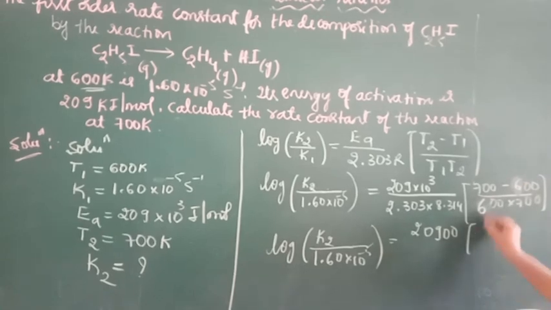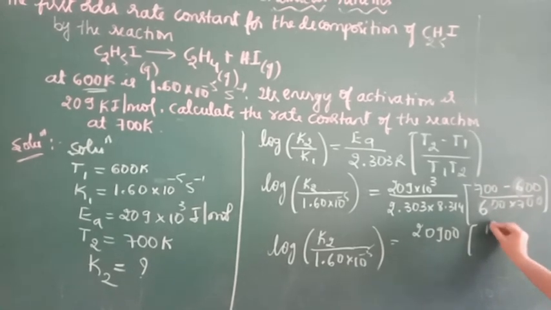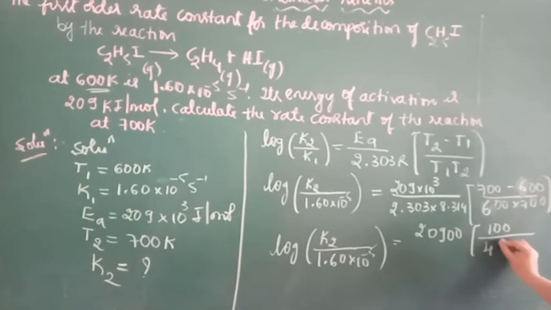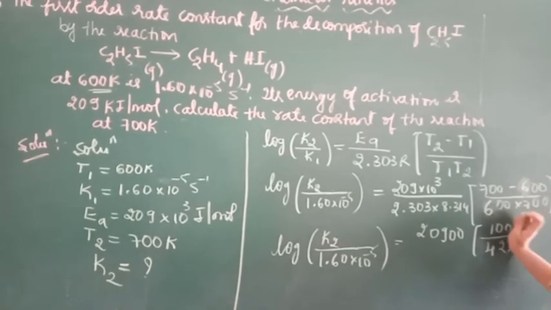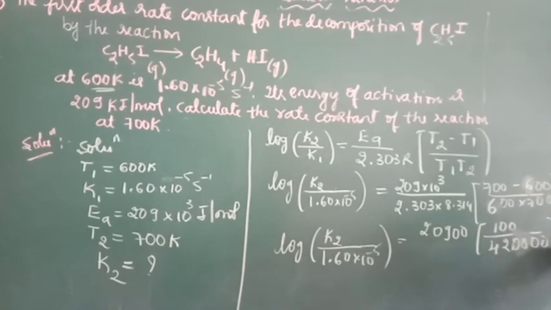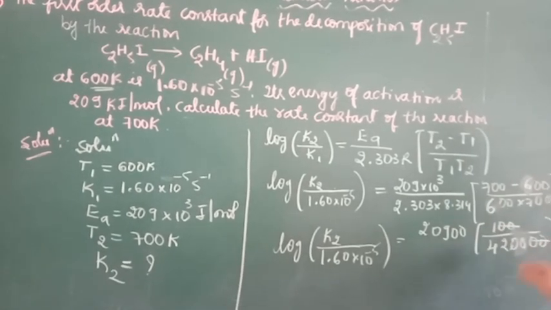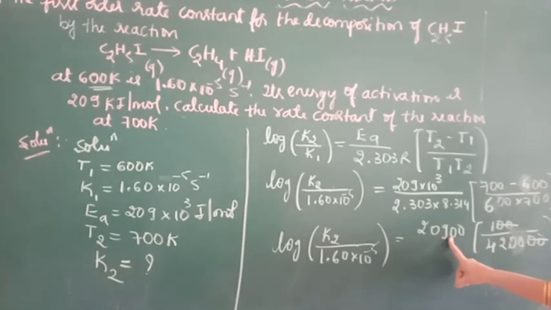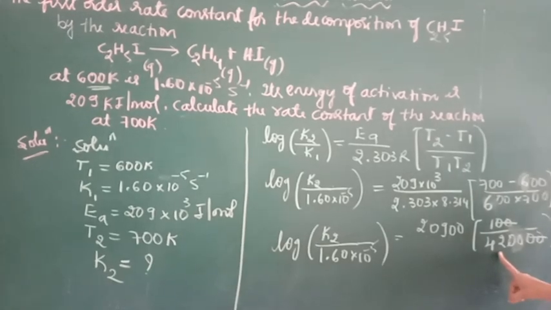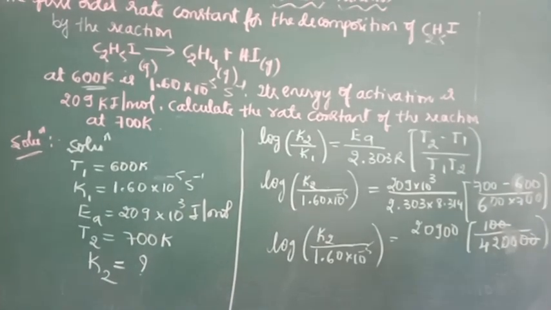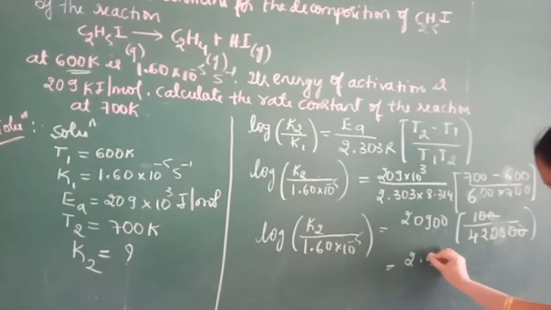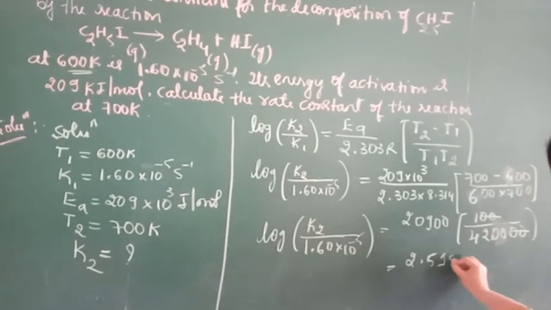Here 700 minus 600 is 100, divided by 6 into 7 is 42, that is 4200. So 20900 divided by 4200 becomes 2.5989.